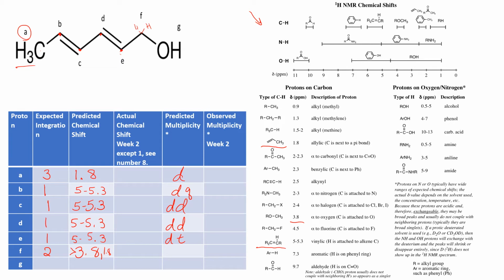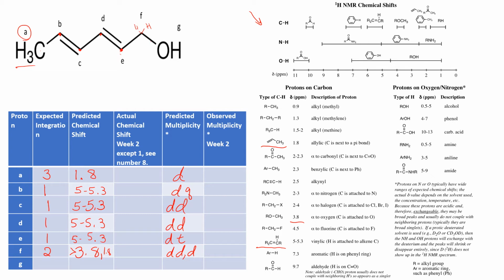The fact that they are allylic, next door to a carbon that's on a double bond, and they also have an oxygen, makes them further downfield. All right, so they will be split in 2 by E, and maybe split in 2 by H. Sometimes that happens, so maybe a doublet of doublets. We'll see. Or it could be just a doublet.